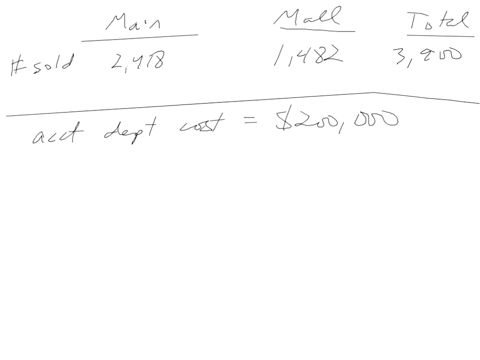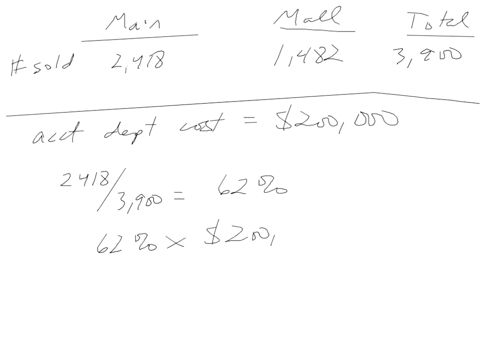So it says that we are allocating this $200,000 based on the number of computers sold. So how do we do that? It's really pretty simple math. The first one we're going to do 2,418 divided by 3,900, and that gives us 62%. Okay, so if you do 62% times $200,000, that gives you $124,000 for Main.